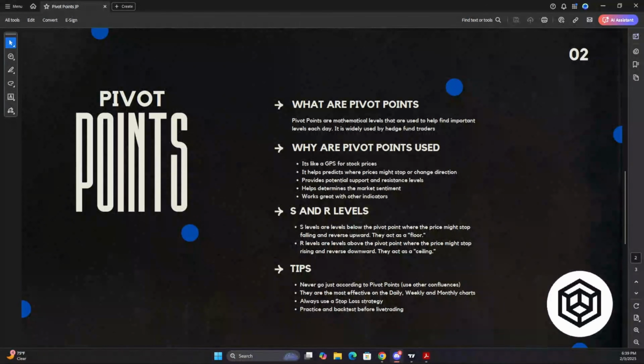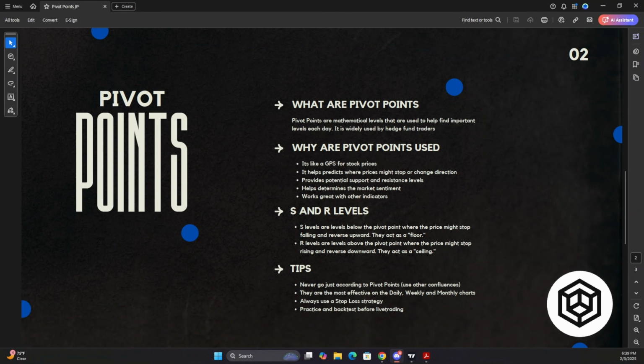So support levels, which is S levels, are levels below the pivot point where the price might stop. So you're going to have multiple support areas. It's going to show you support 1, support 2, support 3, support 4, support 5. And those are going to tell you all of the targets that you're going to hit once you start breaking to the downside.